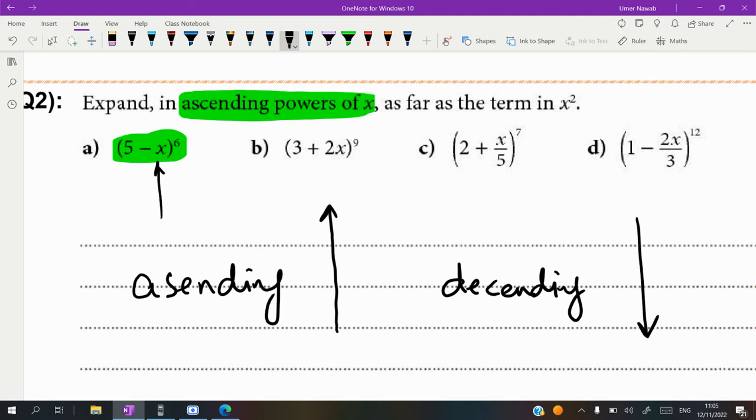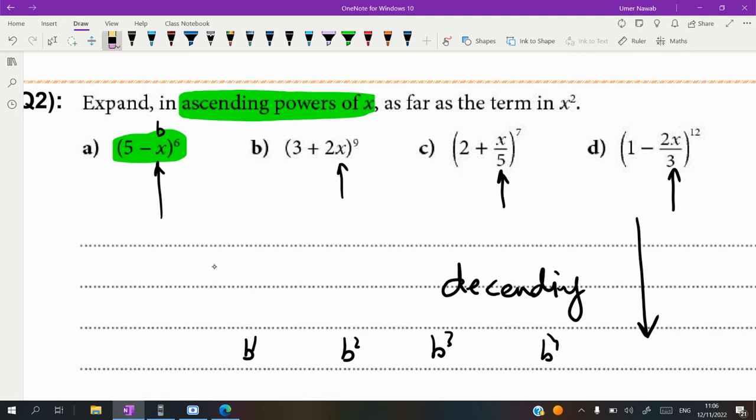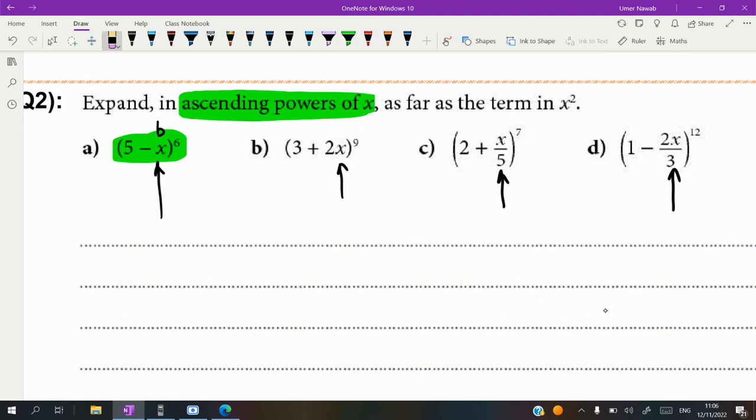Whenever you see x here, your power of x is always ascending. You remember I wrote b to the power 0, b to the power 1, b to the power 2, b to the power 3, b to the power 4. So the powers of b are always ascending. So be careful in the exam whether he is asking for ascending or descending powers of x. But overall, you well understand what I have already taught you.